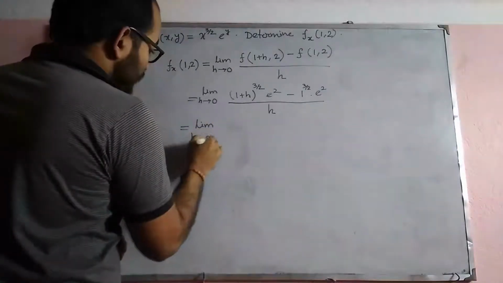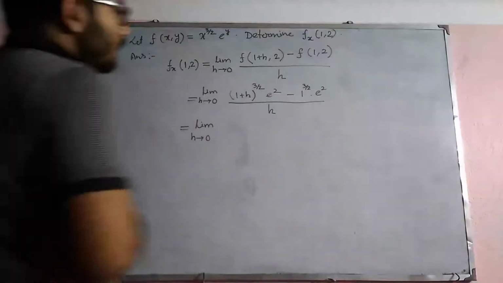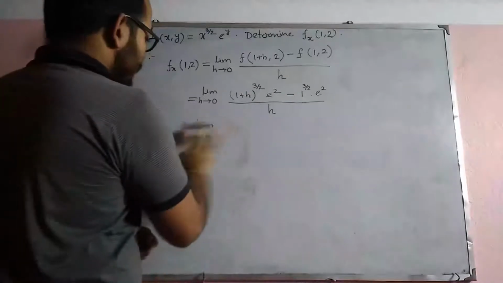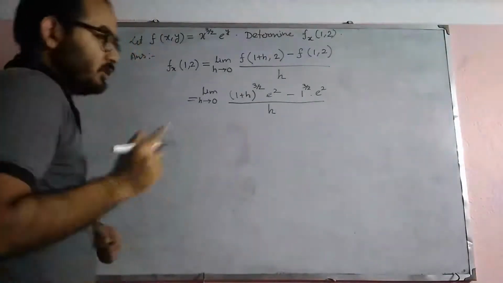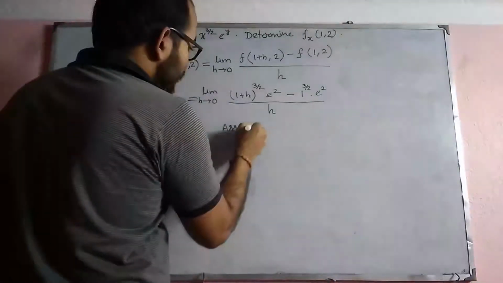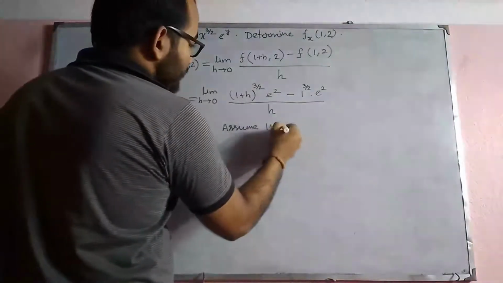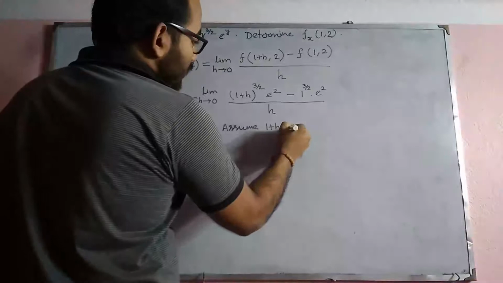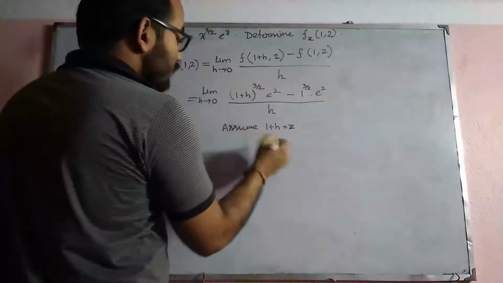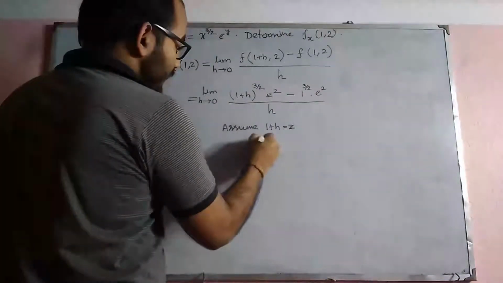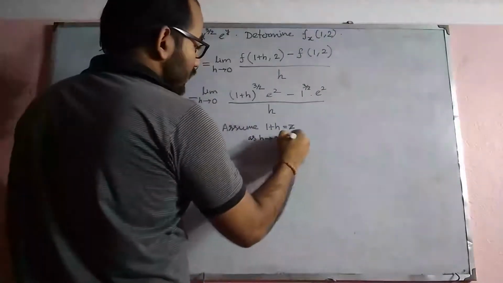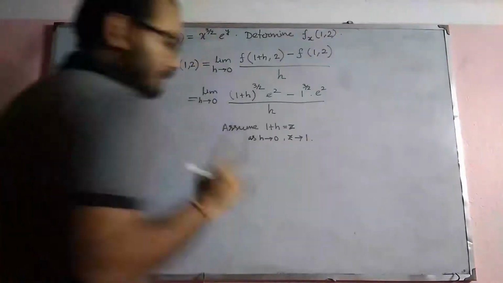Now, I have to assume something. Assume 1 plus h is equal to z. So as h tends to 0, z tends to 1.